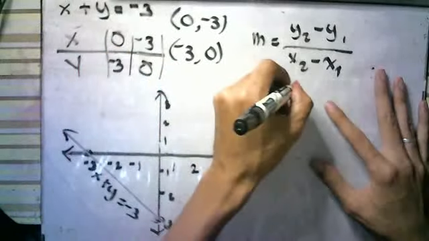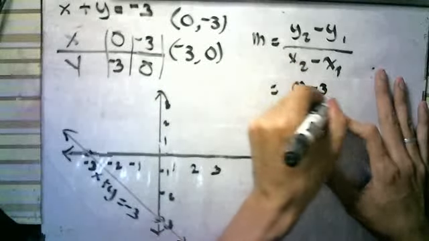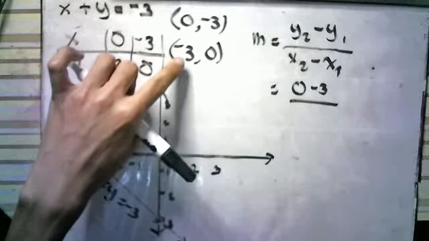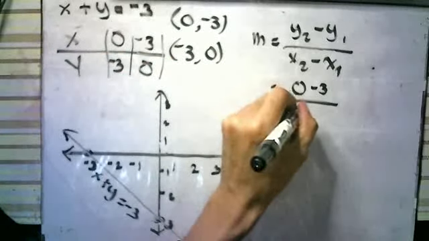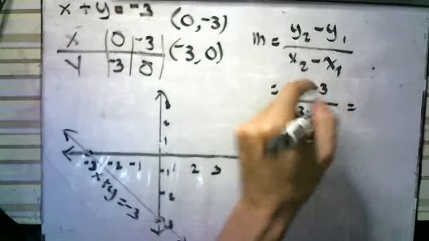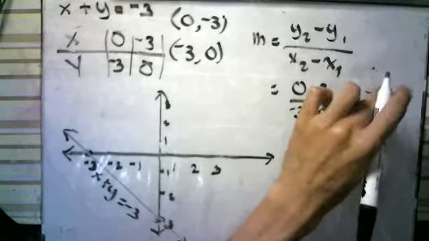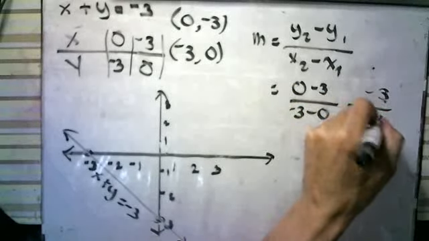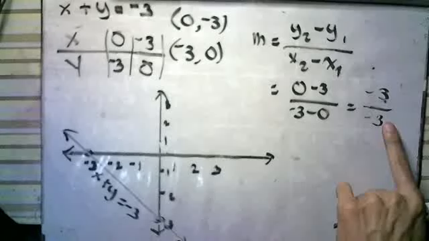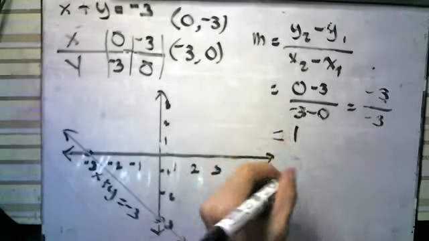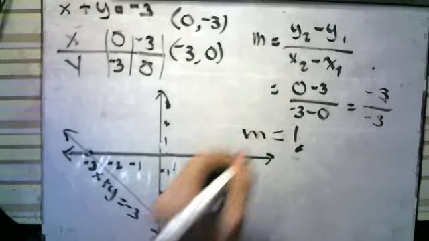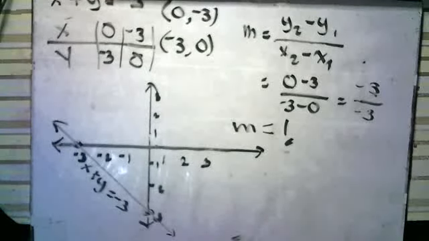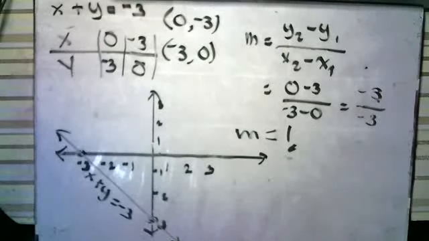So, that will be 0 minus 3 over x sub 2 -3 minus 0. 0 minus 3, that will be -3. -3 minus 0, that will be also -3. -3 divided by -3, that will be equal to 1. Your m is equal to 1. That is the slope. Okay, so that will be all for week 5 for our mathematics 8 module.